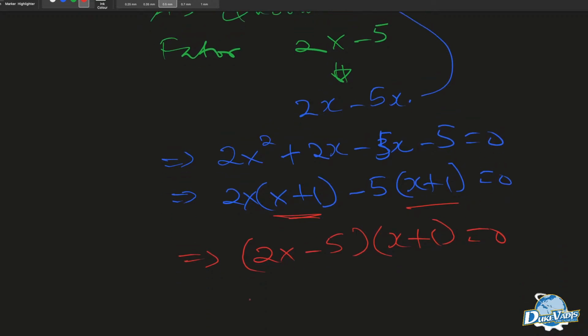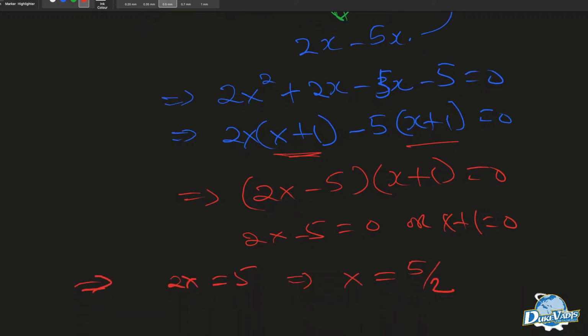So 2x minus 5 is equal to 0, or x plus 1 is equal to 0. This implies that 2x equals 5, so x is equal to 5 over 2. And x plus 1 is equal to 0, meaning x equals negative 1.